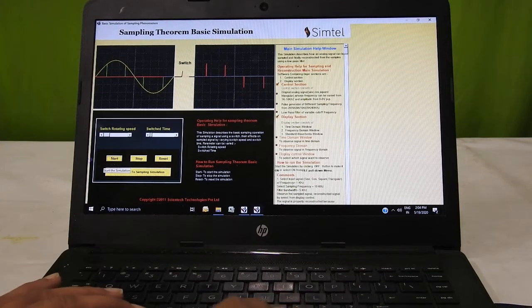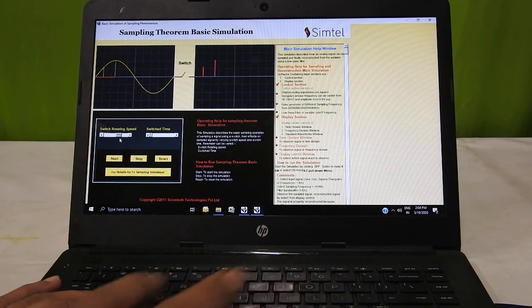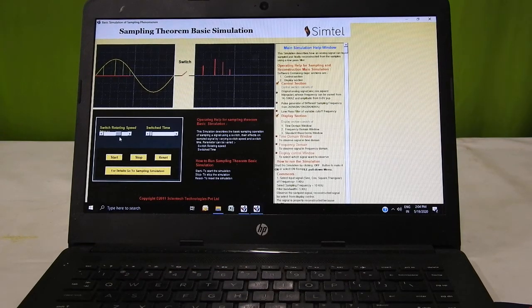So I am increasing the rotating speed, which is the sampling frequency. You can see that now the switch is rotating fast and we are getting more samples. So this is how the sampling of the modulating signal takes place.